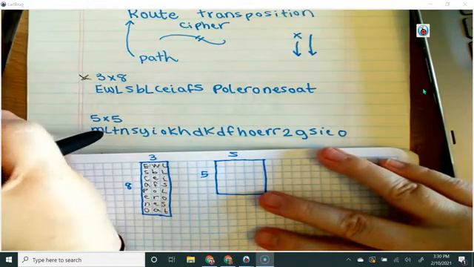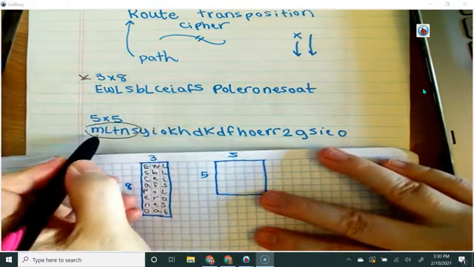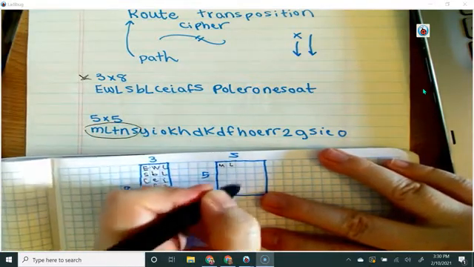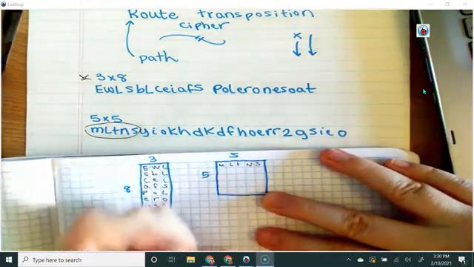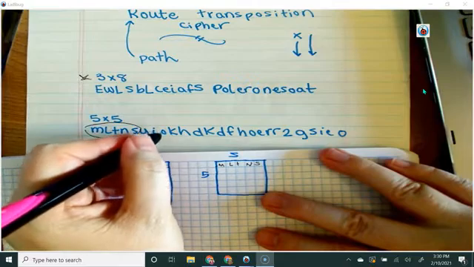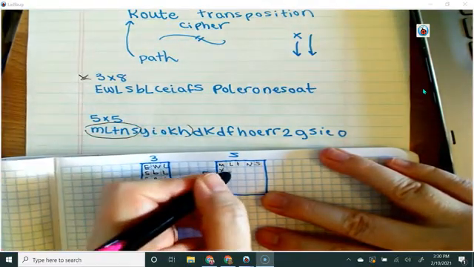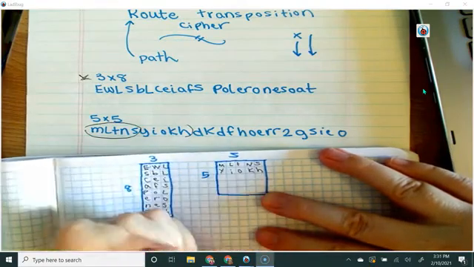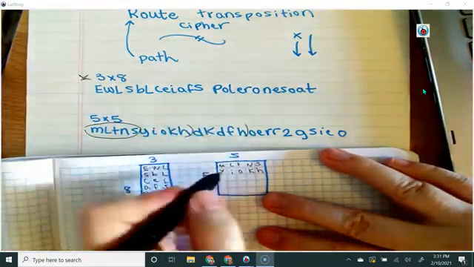I could go 1, 2, 3, 4, 5. And then I'm going to write M, L, T, N, S. Then I've got my next group, 1, 2, 3, 4, 5. Y, I, O, K, H. Then my next group, 1, 2, 3, 4, 5.